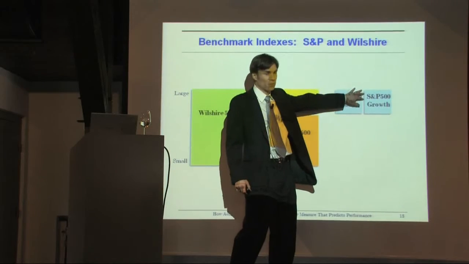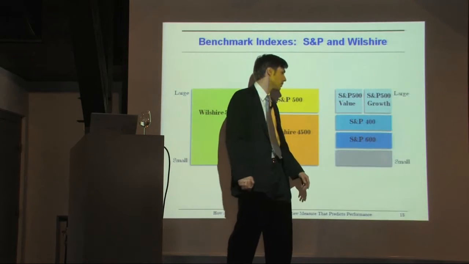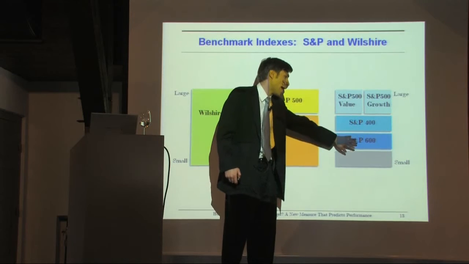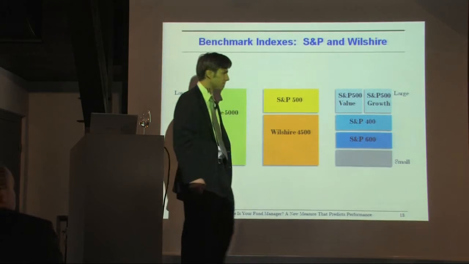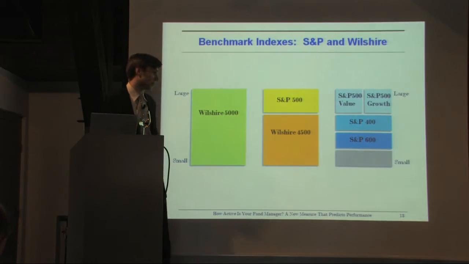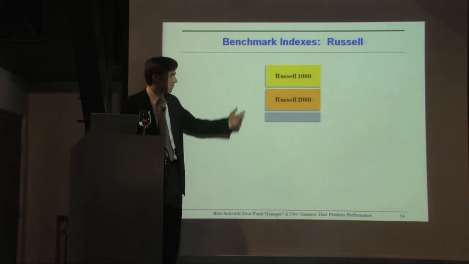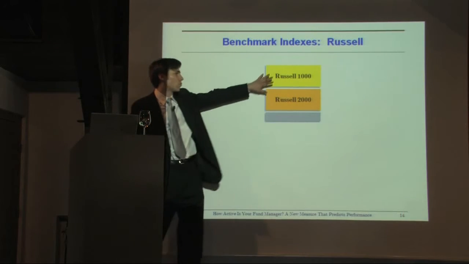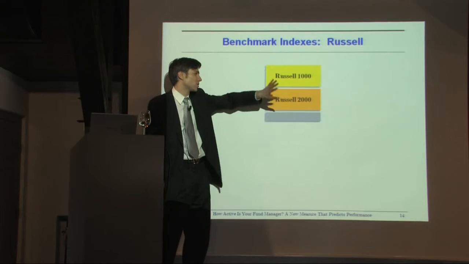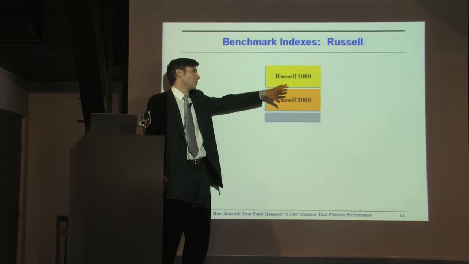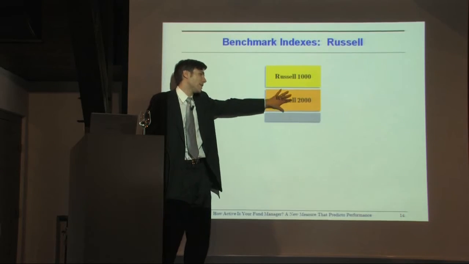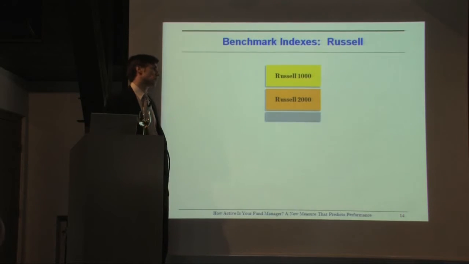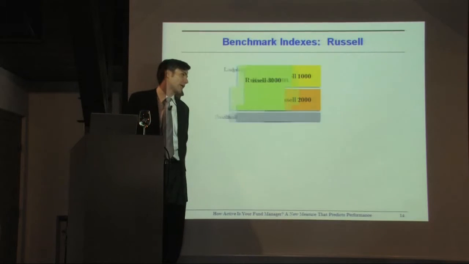The S&P 500, furthermore, you can split into value and growth styles, or you can look at the mid cap and small cap S&P indices, the S&P 400 or 600. And then we also have indices from Russell. The Russell 1000 covers the biggest 1,000 stocks in the US, so large and mid caps. Russell 2000 covers the small caps and is the most prominent small cap index.